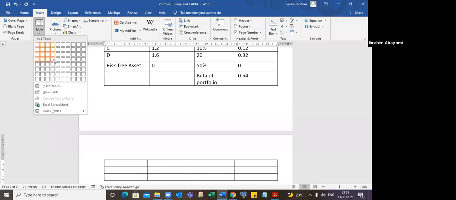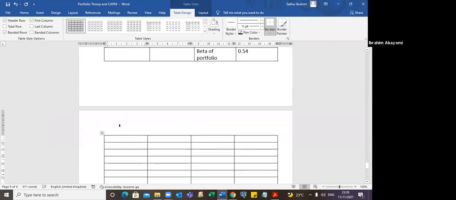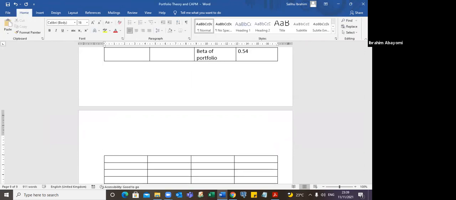A, B, C, D, E, F. This one I need. This is B. Revised weight of the portfolio.